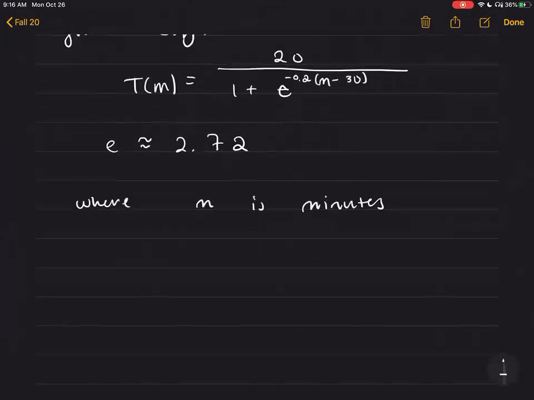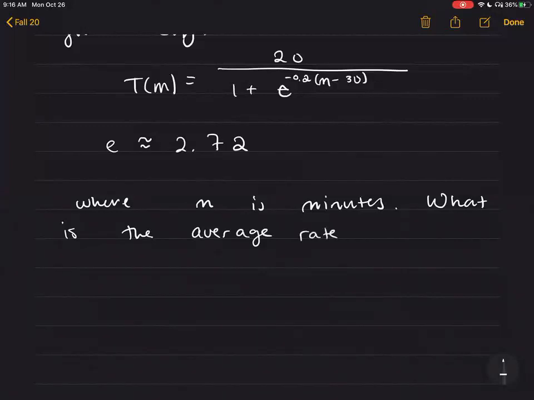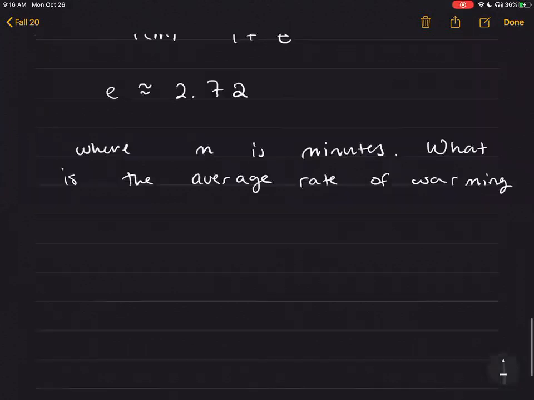The question wants to know what is the average rate of warming between m1 equals 0 and m2 equals 30.